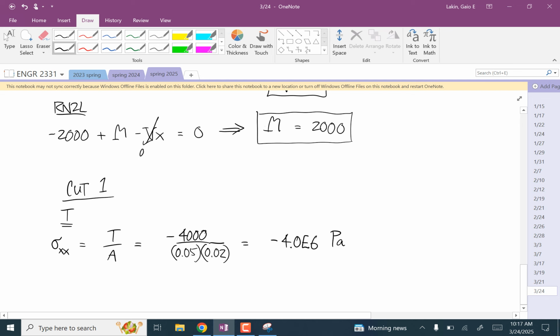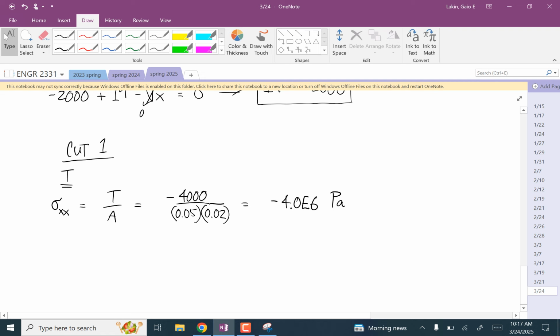And so the stress tensor due to tension compression is negative 4, I'll write it in megapascals.